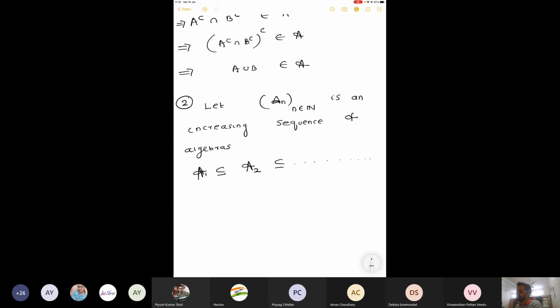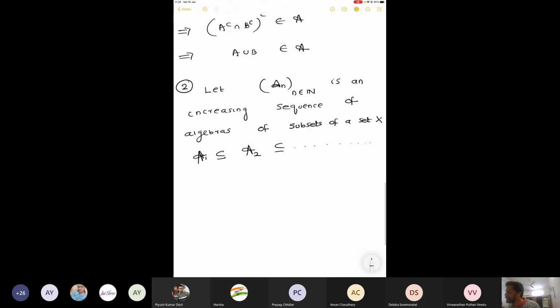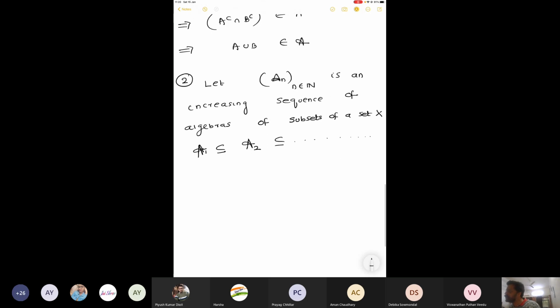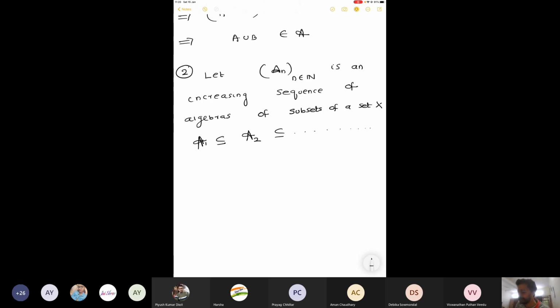Okay, and A1, A2, A3 all are algebras of subsets of a set X. The parent set is same and you are defining many algebras on that parent set X and they are A1, A2, A3 and so on. Further, the A_n's are increasing. You are supposed to prove that union A_n is an algebra.